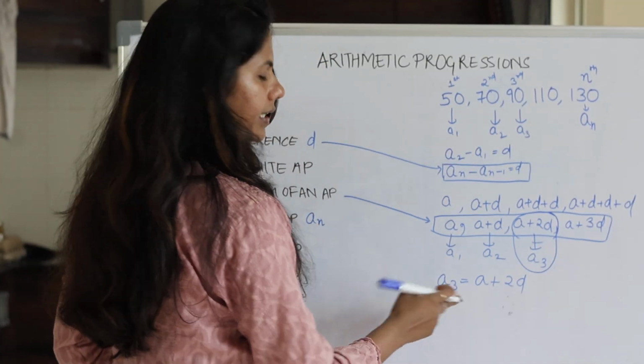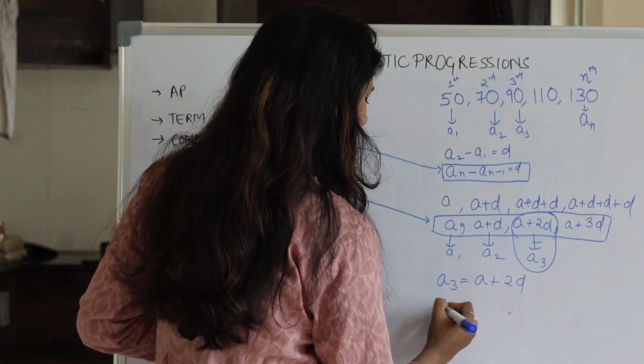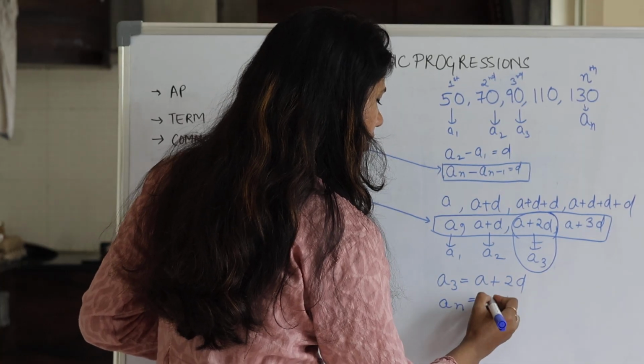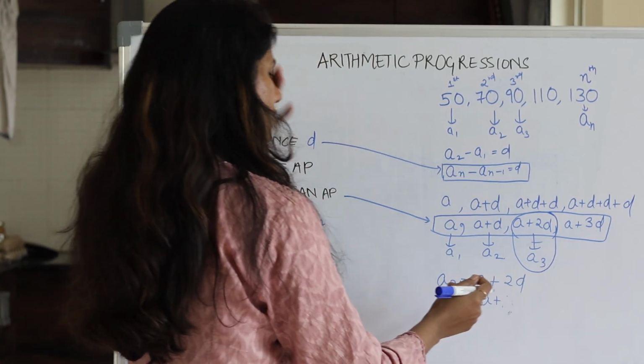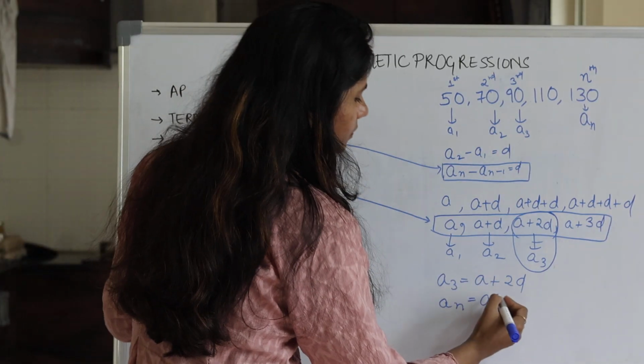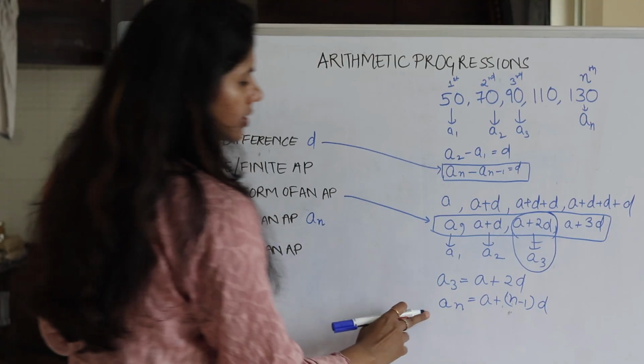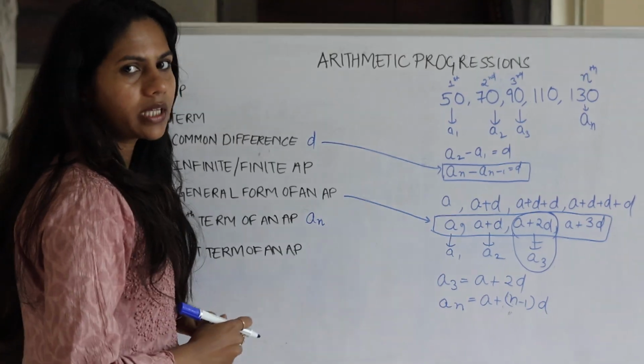Let's say 3 is denoted by N. Then AN equals A plus, this is 3 minus 1, so N minus 1 times D. This is how the nth term can be calculated.